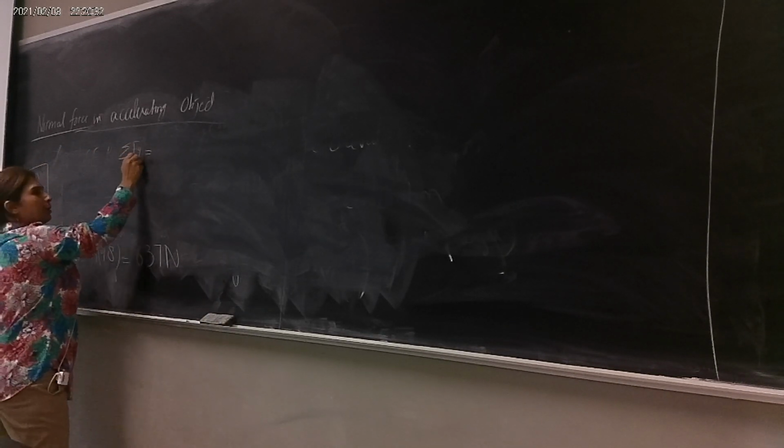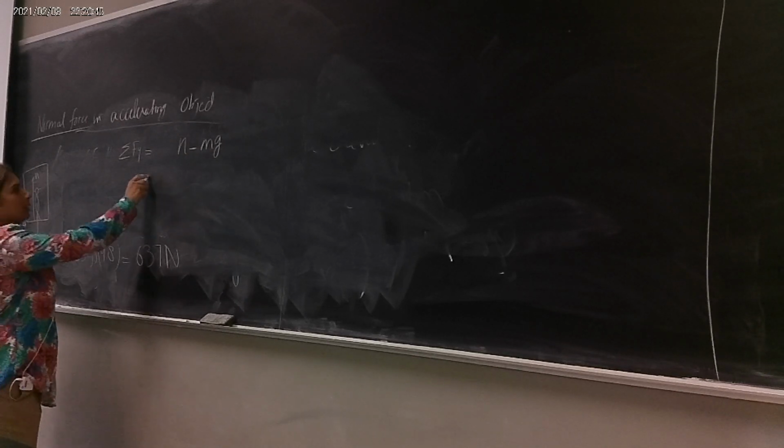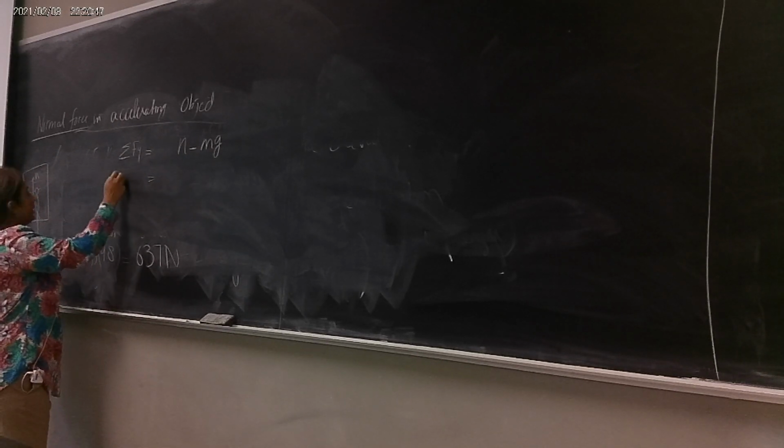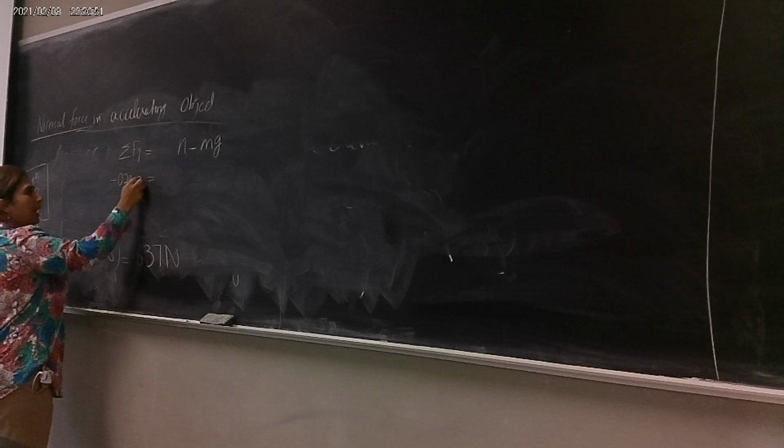Vertical forces: N is upward, mg is downward. You just found mg is 637, correct? I'm not going to replace the mg just yet. I want to keep it the way it is.